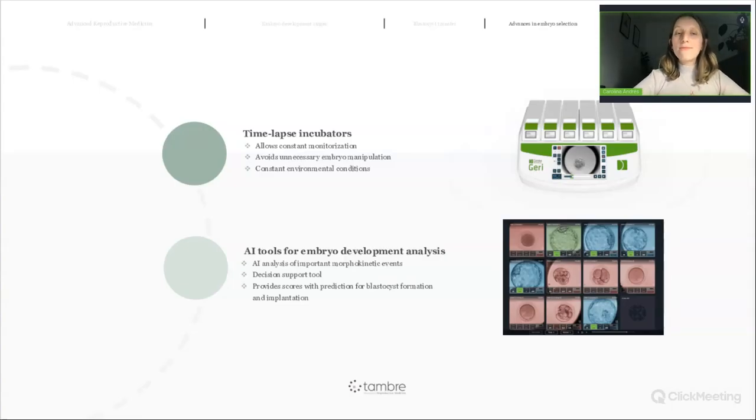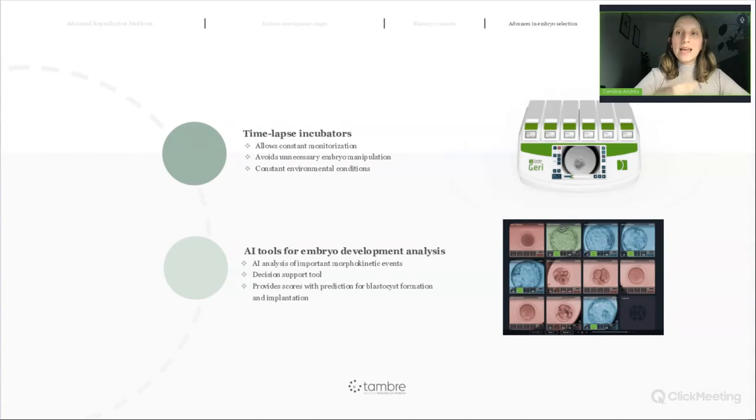Additionally, we have lately incorporated in our laboratory AI tools, artificial intelligence tools, which allow us to do a better selection of the embryos. These kinds of tools help us select the best embryo because they evaluate the morphokinetic events that take place during the development. That means that it not only evaluates the aspect of the embryo, but also the velocity at which it's dividing.